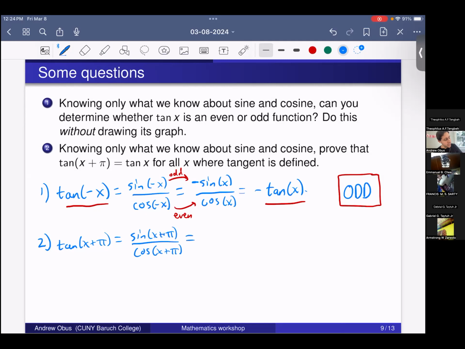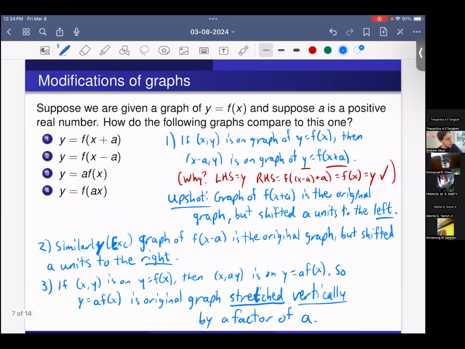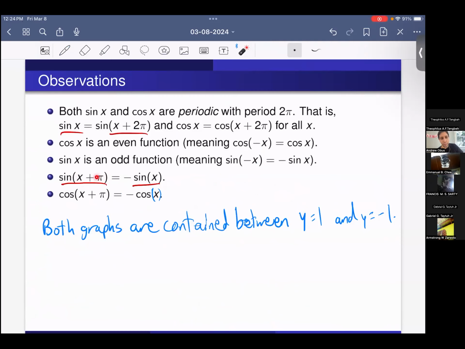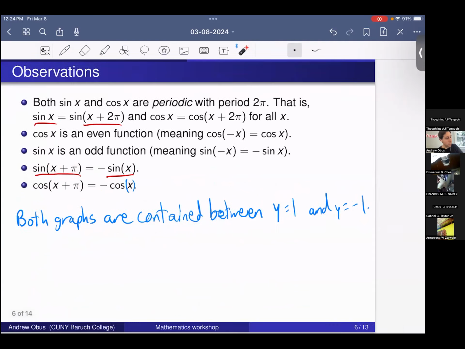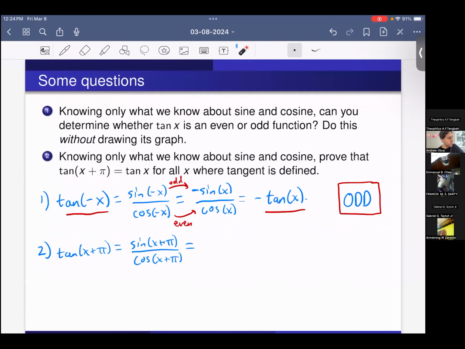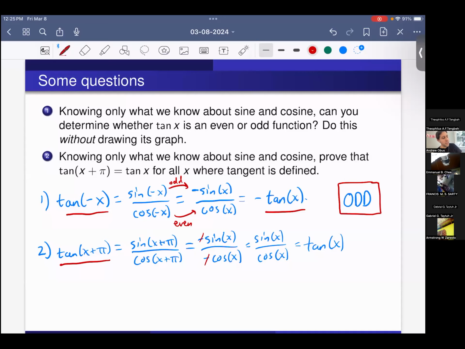We have our identities left over from this page: sine of x plus pi is minus sine of x, and cosine of x plus pi is minus cosine of x. So that is minus sine of x divided by minus cosine of x. The minuses cancel each other out, and I'm left with sine of x divided by cosine of x, which is exactly tangent of x. So we see that tangent of x plus pi equals tangent of x.